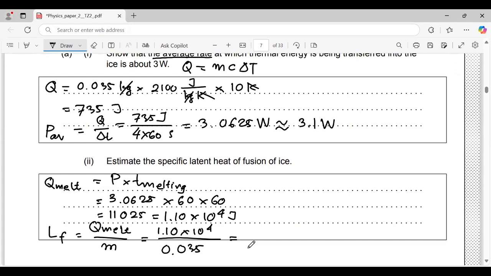And I will calculate, wait, on my calculator. 1.1 times 10 to the power 4 divided by 0.035 gives 3.1 times 10 to the power 5 joule per kg, J kg to the power minus 1.